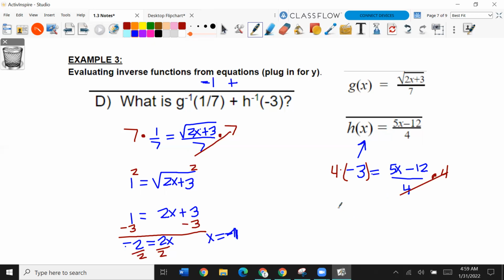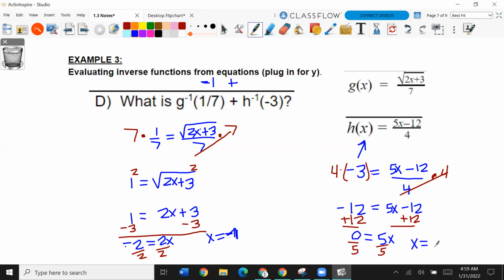So negative 12 equals 5x minus 12. And then I want to add 12 to both sides. Well, negative 12 plus 12 is 0. So 0 equals 5x. And divide by 5, 0 divided by anything is still going to be 0. So your answer is going to be 0.